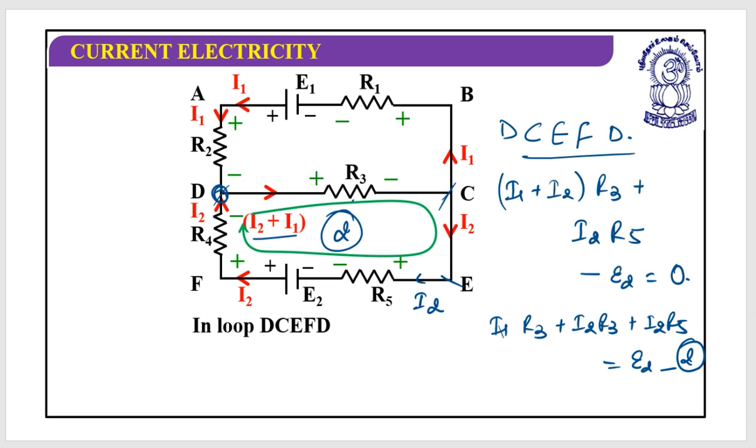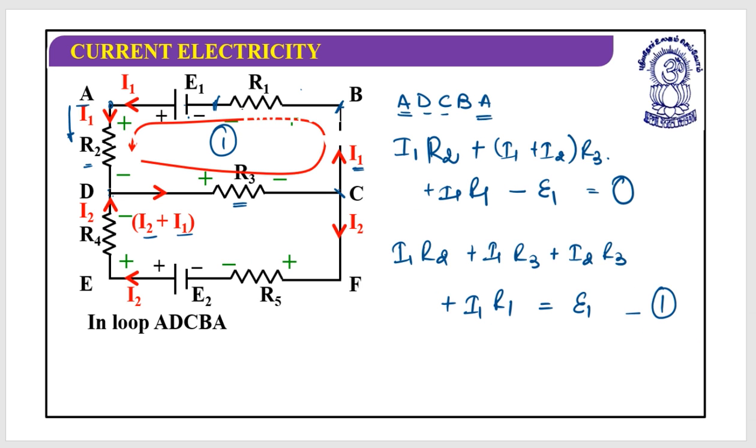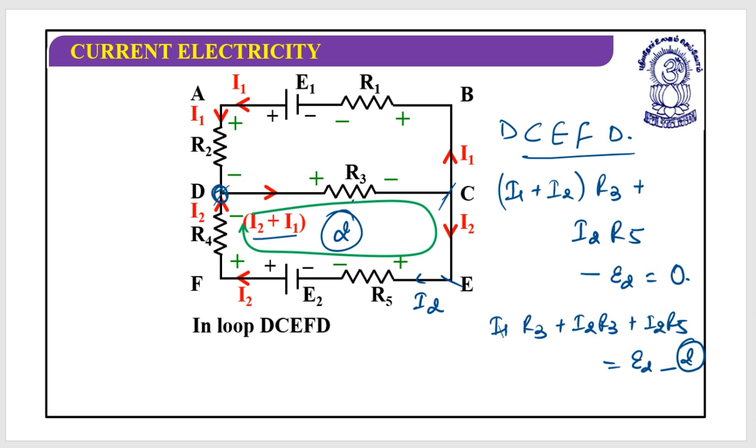Now you have two relations. This is relation number 2, and this is relation number 1 that we wrote in the previous slide. We have two unknowns, look at this. All these values can be given. E1 would be given, E2 would be given, and only two unknowns would be there: one is I1, another is I2. So you have two relations and two unknowns.